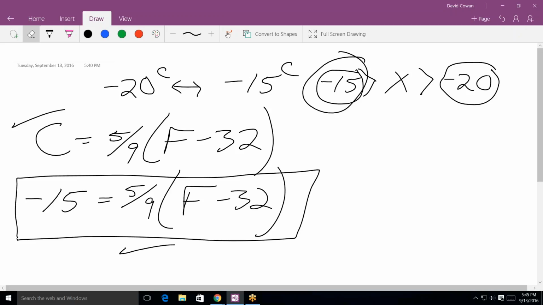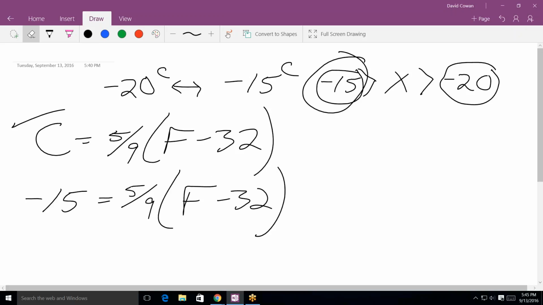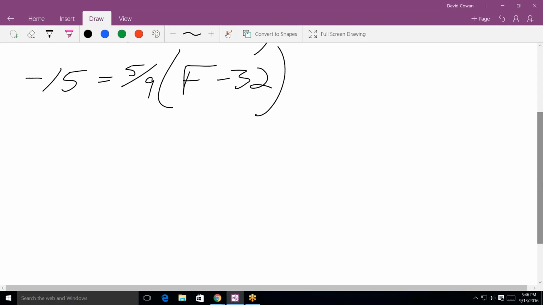Actually, this is exactly what she's doing. She just added a step into it that you didn't do. What is the equivalent Fahrenheit temperature that agrees with minus 15 degrees Celsius? And to get that, you have to solve this equation.